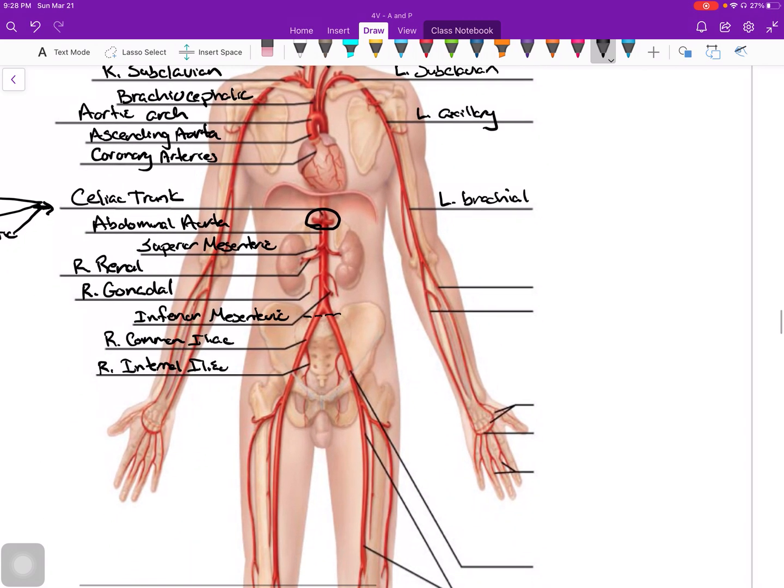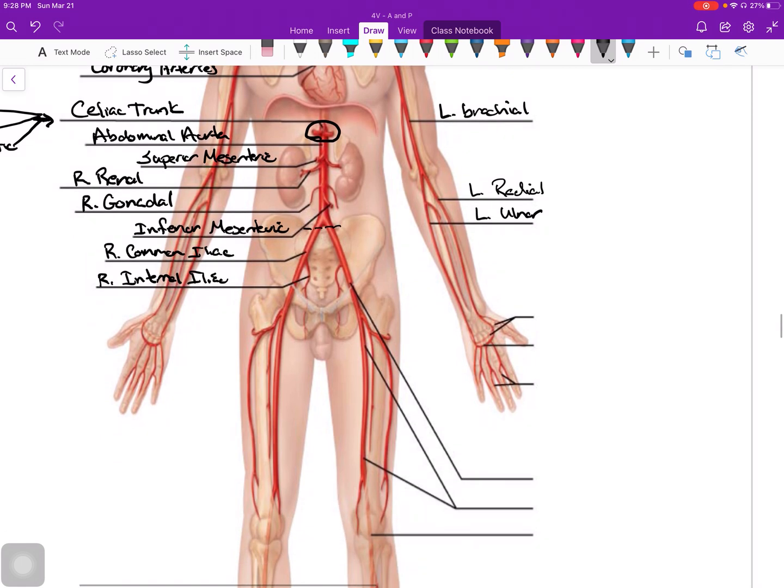Now I need to come down here and I need to trace these. The first one is headed off towards the thumb side, so that would make that my left radial. The one immediately below that one is headed off towards the pinky side, so that would make it my left ulnar. Now, here you can see that what I have right here, this is superficial.